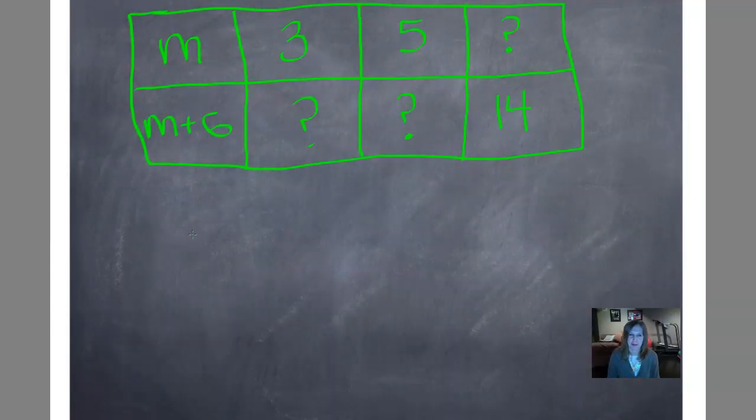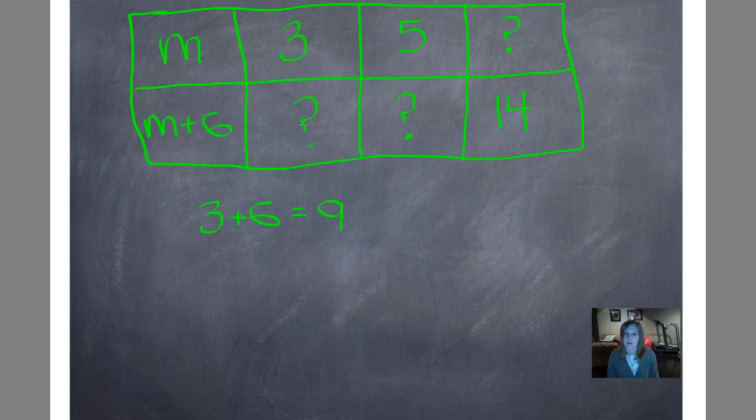You know I don't draw very well with my bamboo tablet, but there's a sloppy little table up there. We've got M: when Megan is 3, when Megan is 5, and we don't know how old Megan is here. This is Travis right here, so it's going to be Megan's age plus 6. So if Megan's age is 3, then we add 3 plus 6, which gives us 9.